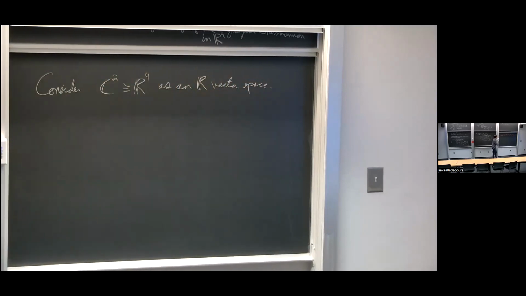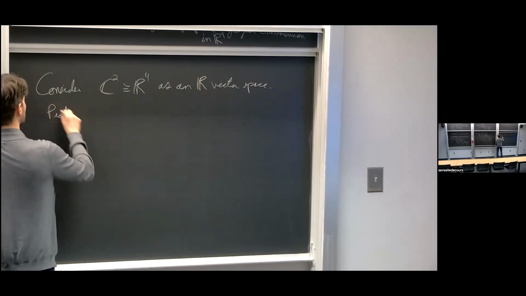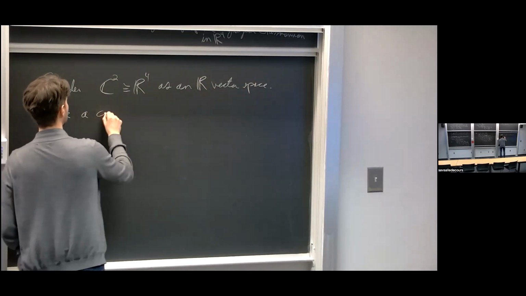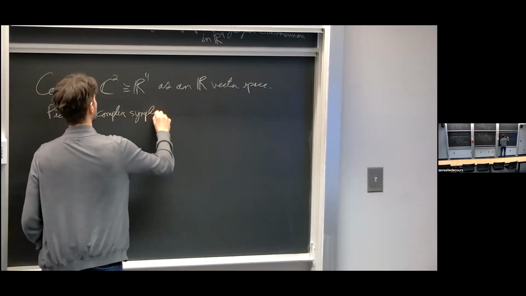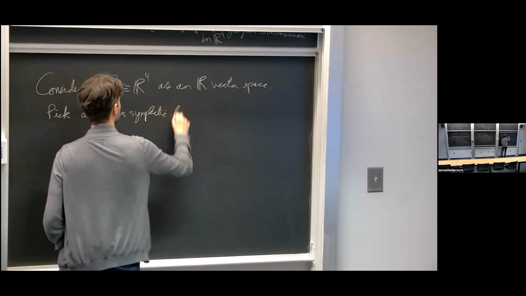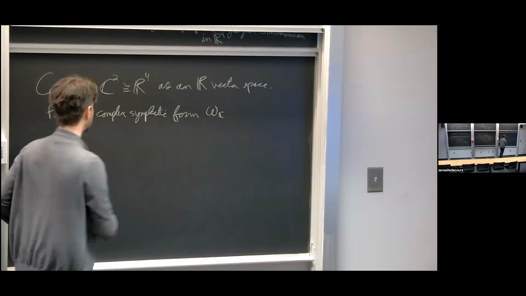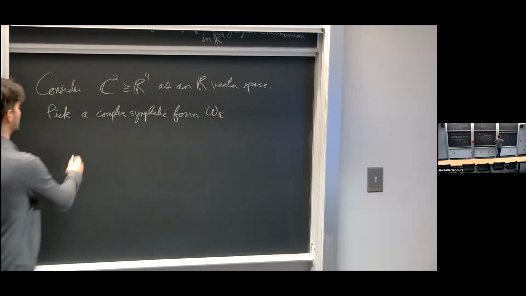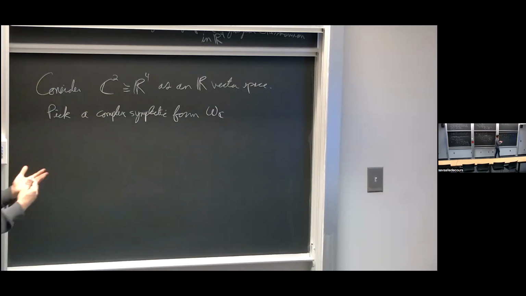And now pick a complex symplectic form on C2 and just remove the imaginary part to get a real symplectic form.